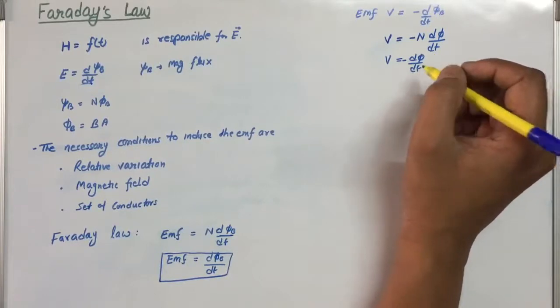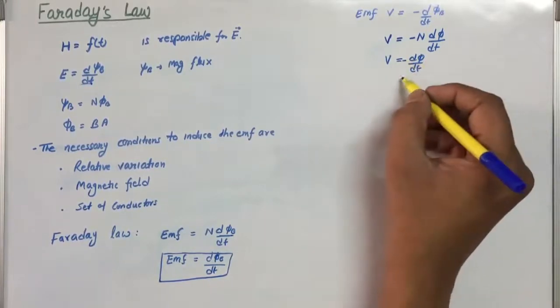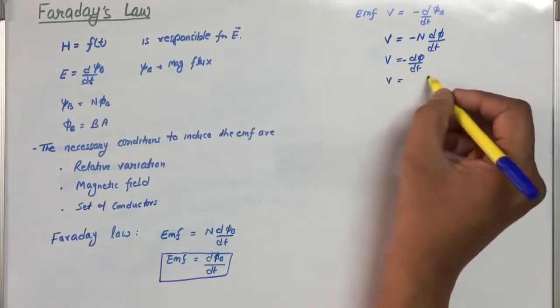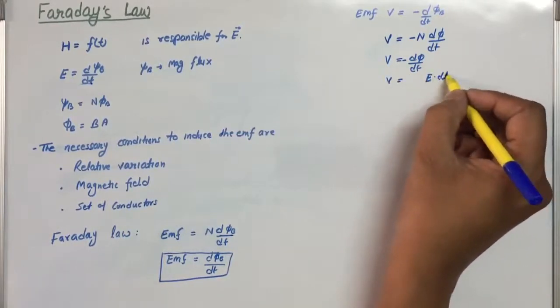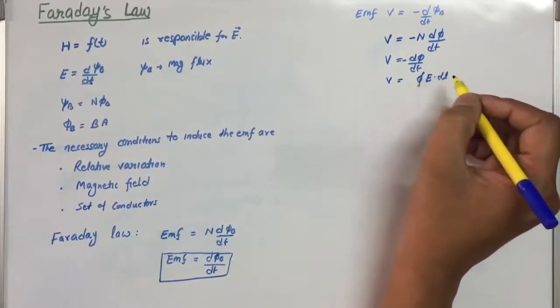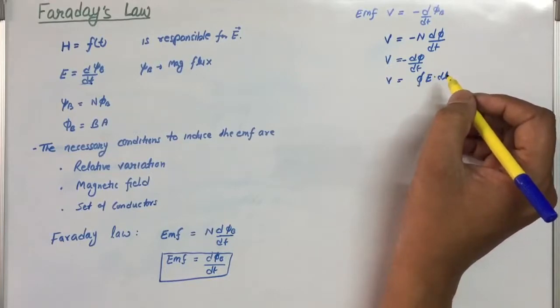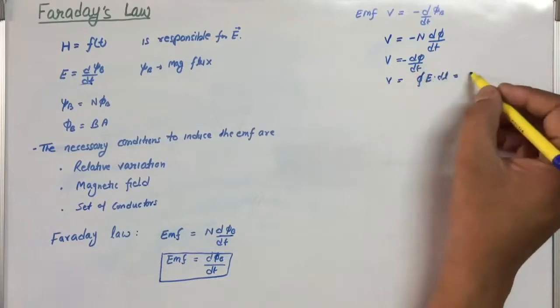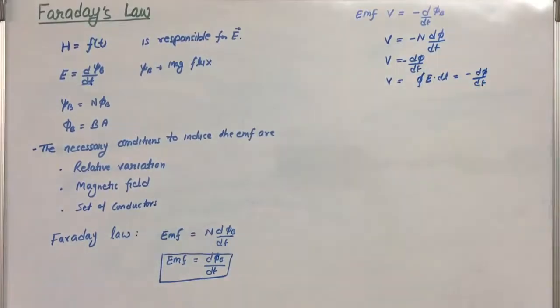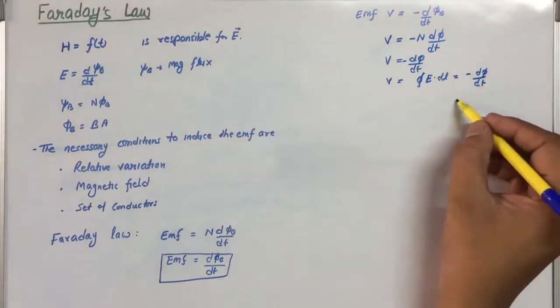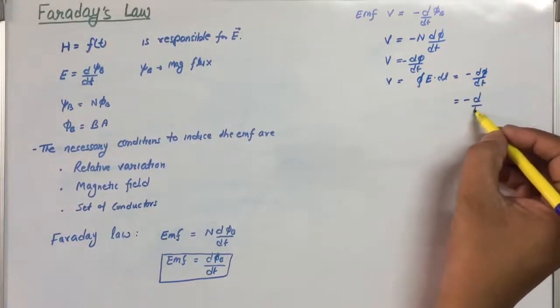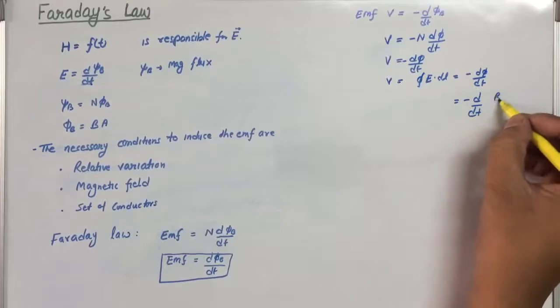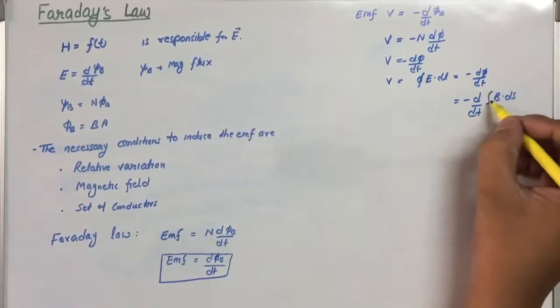And this V can be equal to the closed line integral of E dot dl. We have studied this. And it can be equal to further minus d phi over dt. Now, flux can be written as the surface integral of B dot dS.